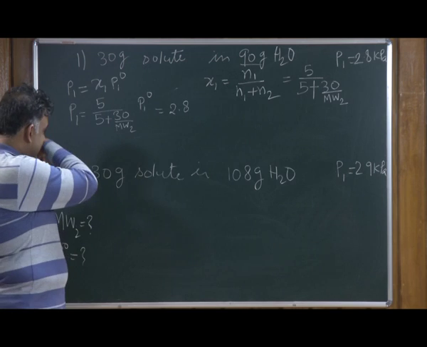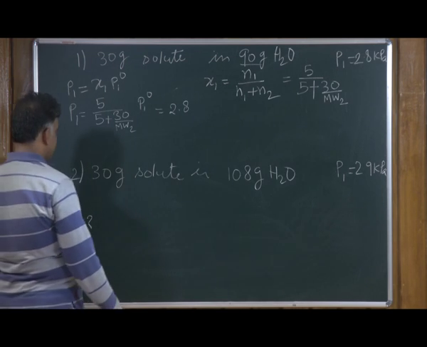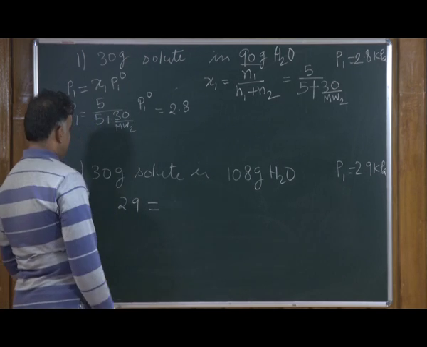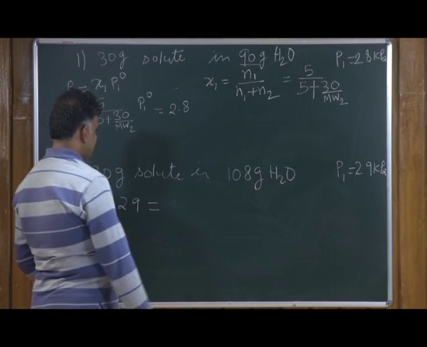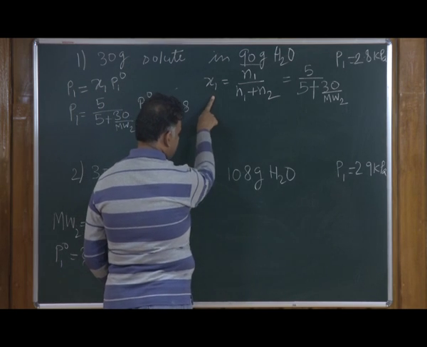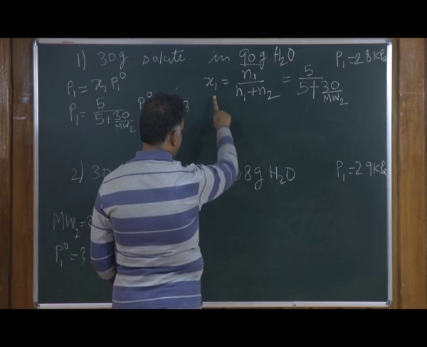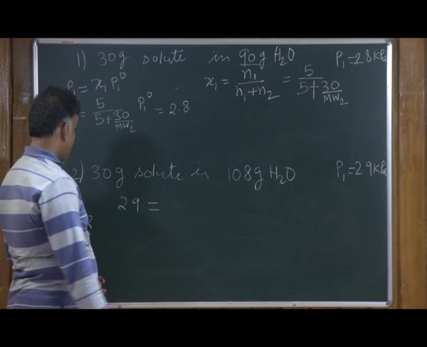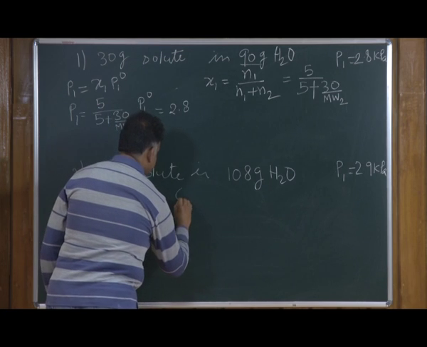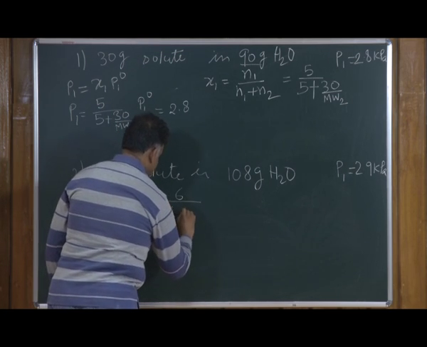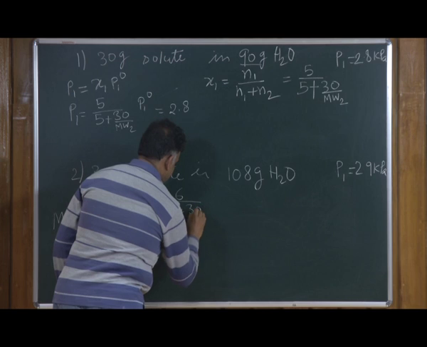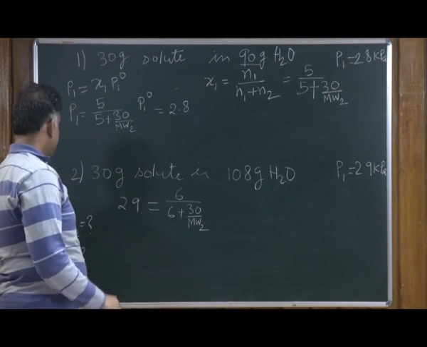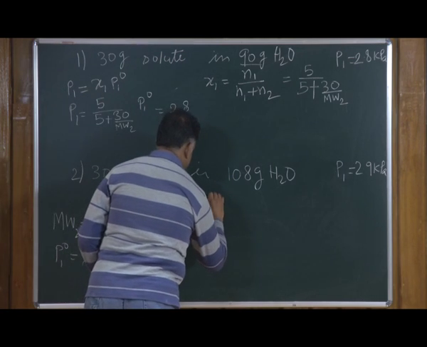Now, the same equation we can set up for the second solution and that would be 2.9 kilopascal is equal to x1. So, in this case, to calculate x1, the amount of water present is 108 gram and that conveniently is 6 moles. So, N1 is 6. So, x1 is going to be 6 divided by 6 plus 30 by molecular weight of solute, multiplied by P1 0.